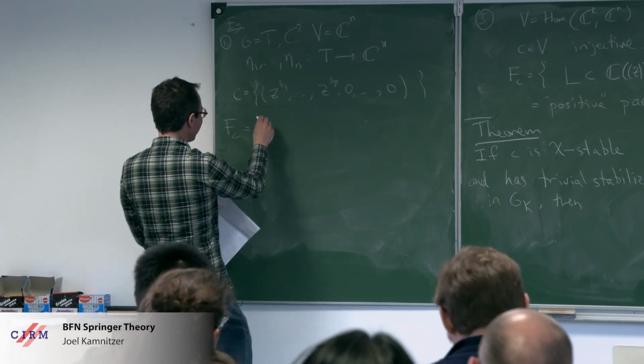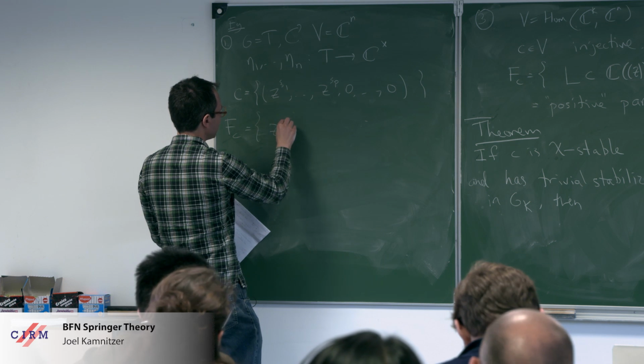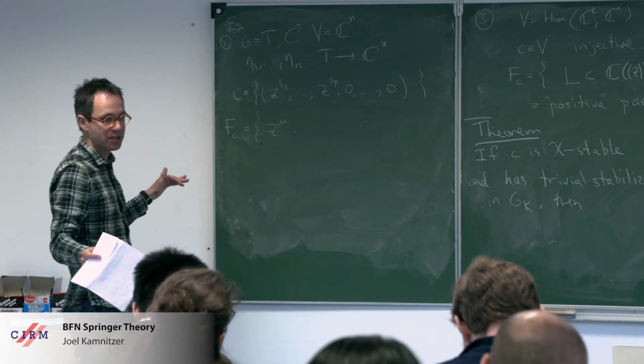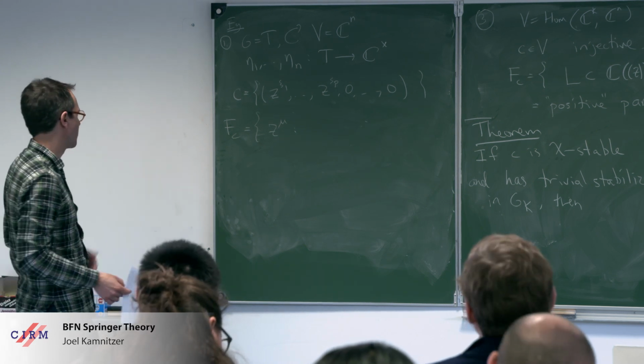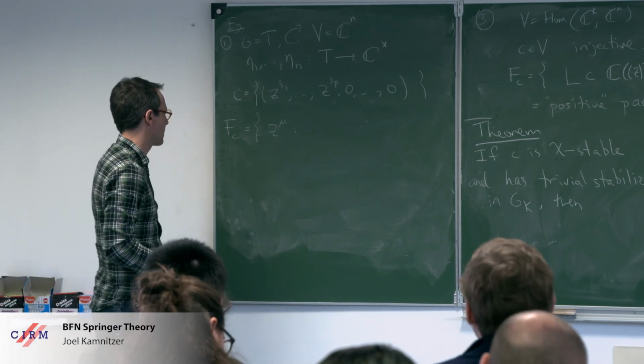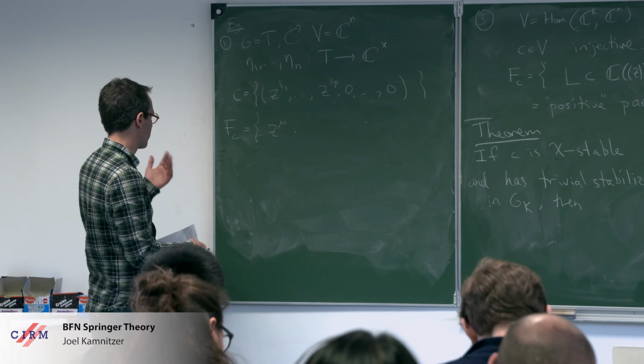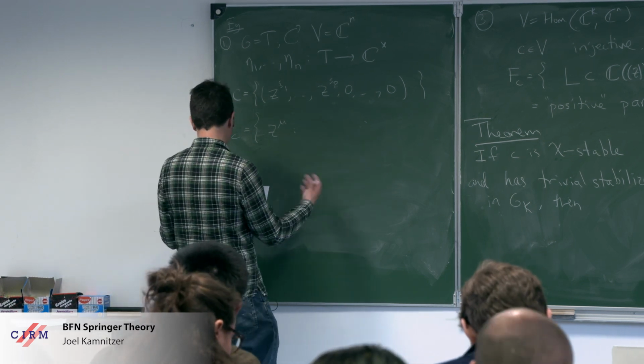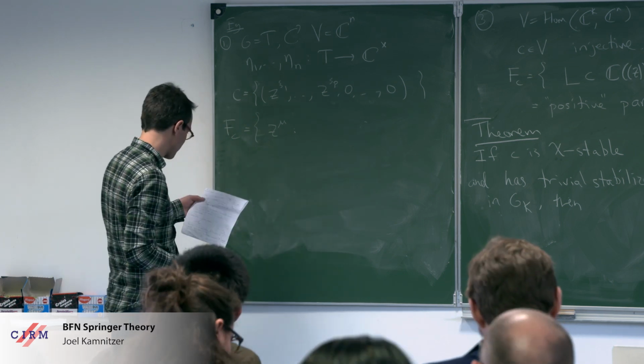Okay, in this example, the Springer fiber. So in this example, with a torus, the affine Grassmannian is just a bunch of points. So we're left with a set of points, not necessarily finite, but a discrete set.